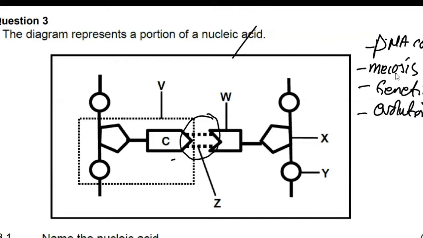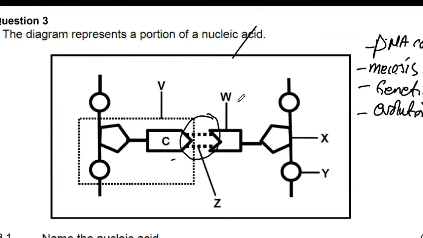It forms 2 strands. Each strand is joined together. So you describe the characteristics of DNA. Basically, DNA forms 2 strands which twist around to form a double helix. So you can get the 6 marks from there.